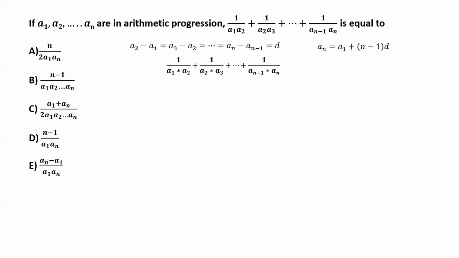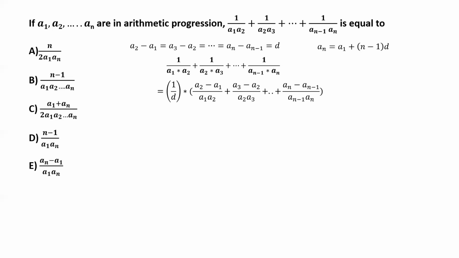One of the tricks for this particular problem is that, because I have the product of consecutive terms in the denominator, I can somewhat simplify the situation by writing the difference of successive terms in the numerator, like a2 minus a1 divided by a1 a2 plus a3 minus a2 divided by a2 a3 and so on.